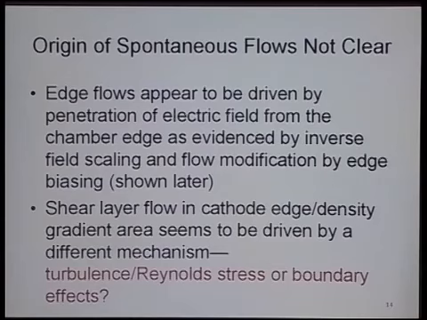But the shear layer flow is still not well understood. It seems to be driven by a different mechanism. Some of the things we've looked at, and I'll talk a little bit about turbulence in a second here. We're also going to be looking at the role of Reynolds stress in this flow. And it could also be a boundary effect, which is also in the preliminary stages of investigation.